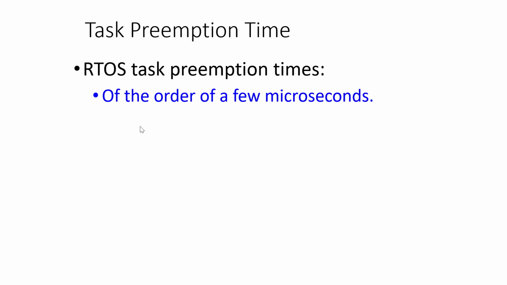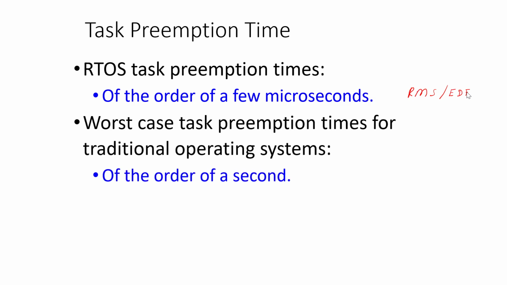Next comes task preemption. So the RTOS, real-time operating system, task preemption times have to be very fast, preferably the order of a few microseconds, because all our algorithms, be it RMS, be it EDF, are in a sense dependent upon rapid and very quick task preemption.